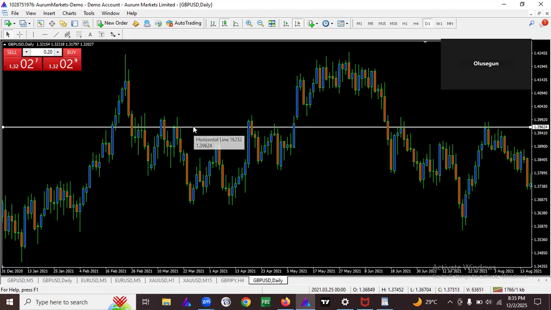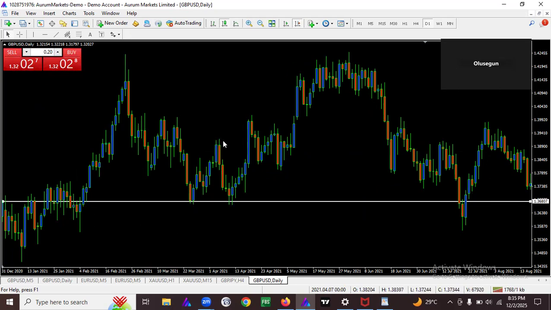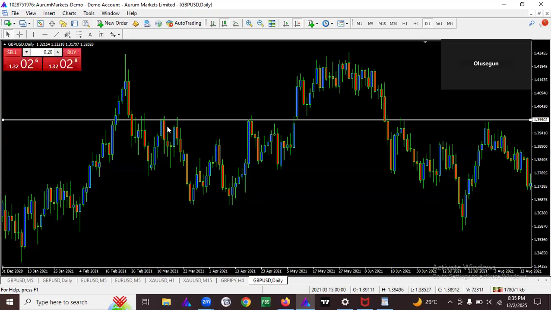So if we had identified this support as the formation of this candle here, wait for price to pull back, give us a bullish reversal pattern, then we'll buy from that. Here also we had several resistance that price respected. See, we had this resistance, price pulled back, sold, and pulled back again at this point, sold from that point.